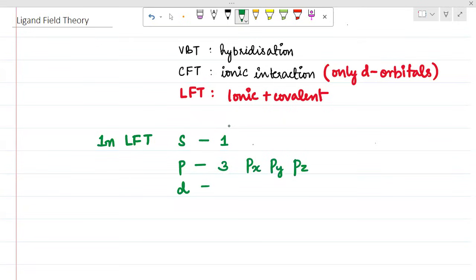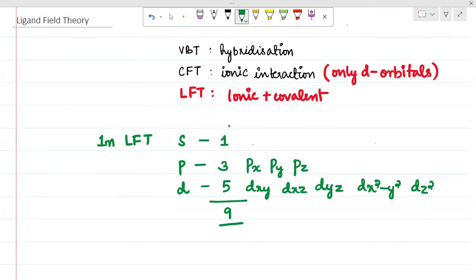And if you take d, there are five orbitals: dxy, dxz, dyz, which are the non-axial ones, and the axial dx square minus y squared and dz squared. So in total, how many orbitals are there? 9 orbitals. So in LFT, we do consider all of these 9 orbitals.